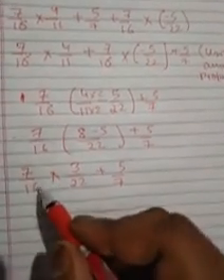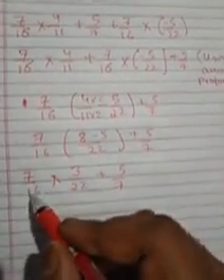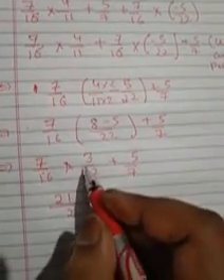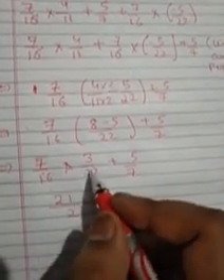Now multiply numerator by numerator, denominator by denominator. 7 into 3 will become 21. 16 into 22, 352, plus 5 upon 7.